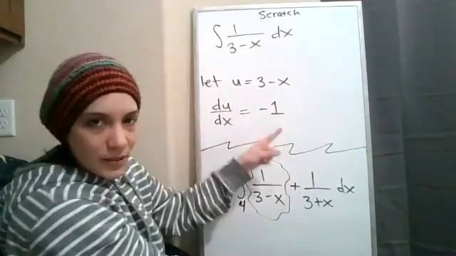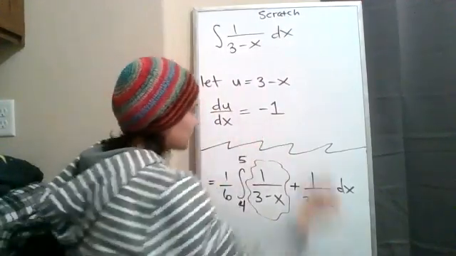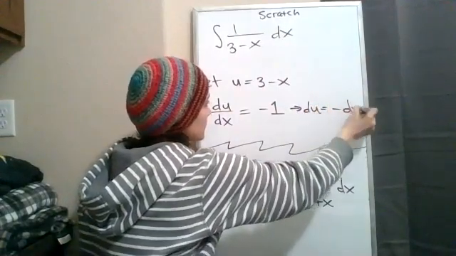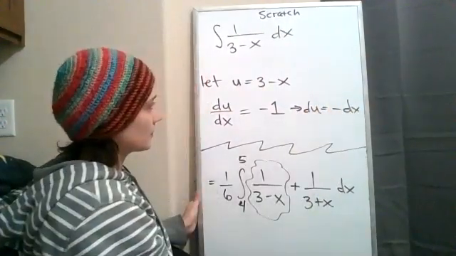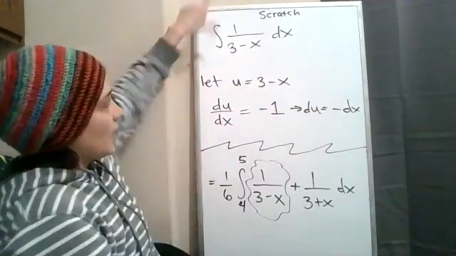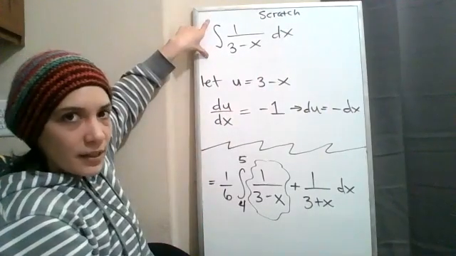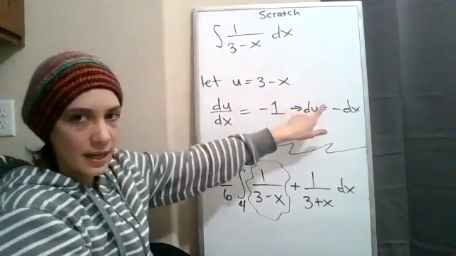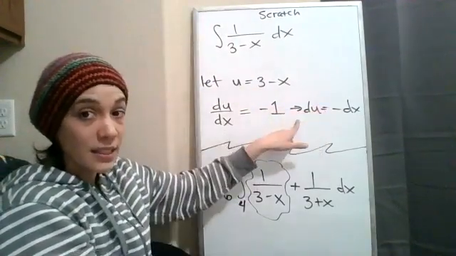So du is equal to negative dx. And let's come over here, write this as the integral of 1 over u times negative du.